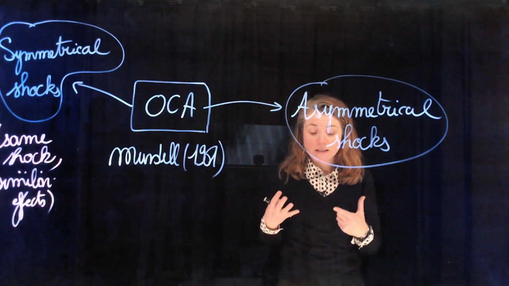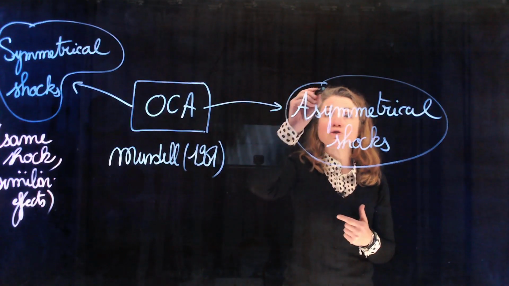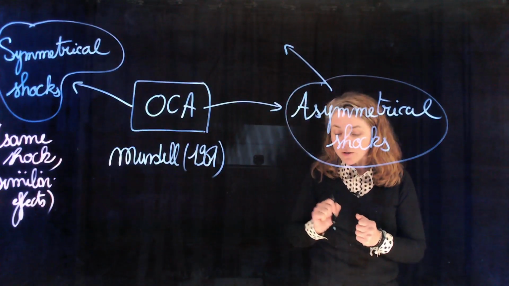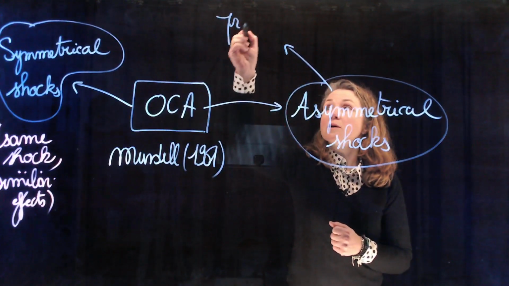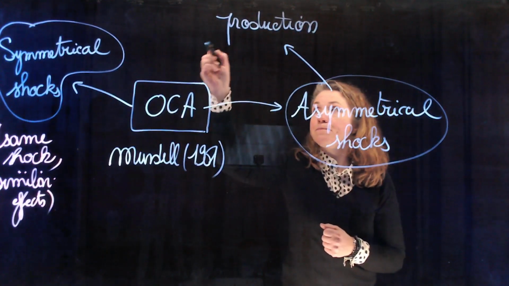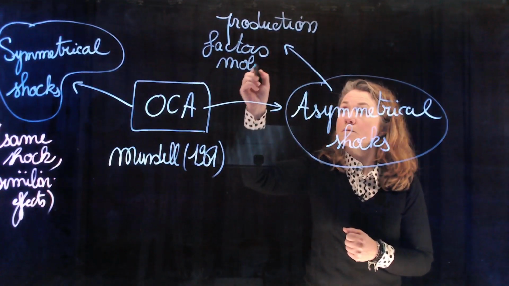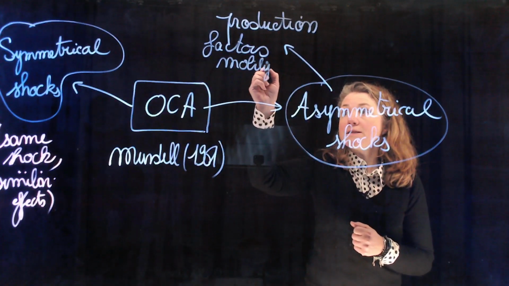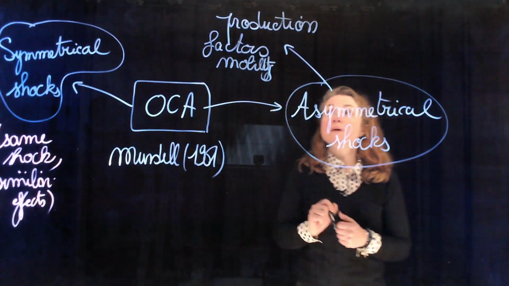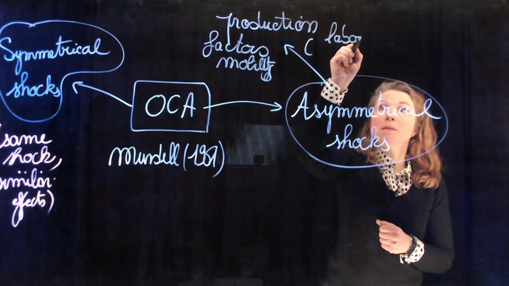It means the mobility of production factors. So a first condition, a first criterion lies on production factors mobility. Behind production factors, we have labor and capital.